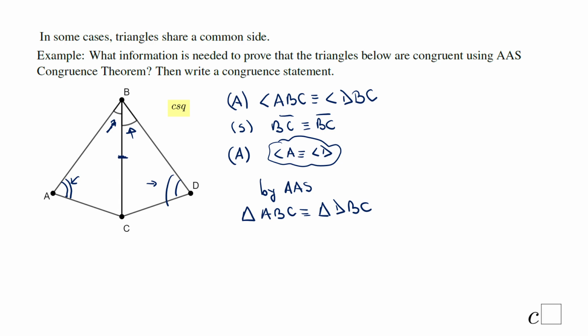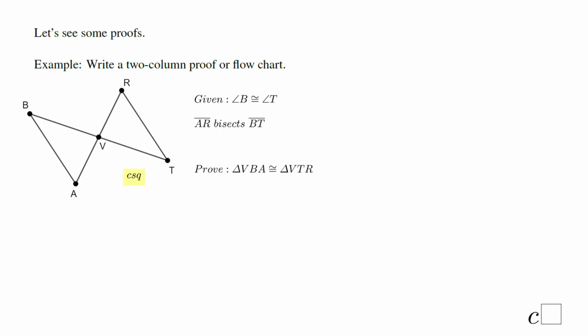In the last part of this lesson, we're gonna write some proofs. So we're gonna do the whole thing now, besides looking at criteria to prove congruency. So write a two-column proof. I'll do a two-column proof here, and you can try to do a flow chart.